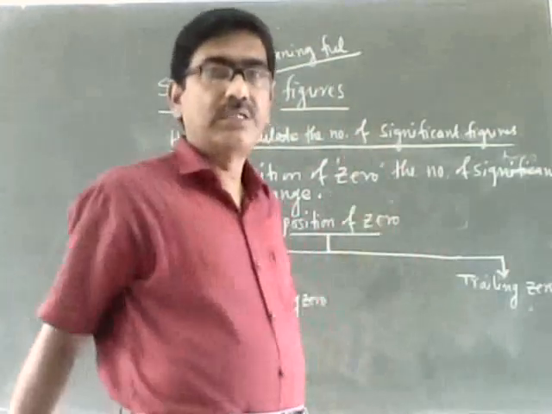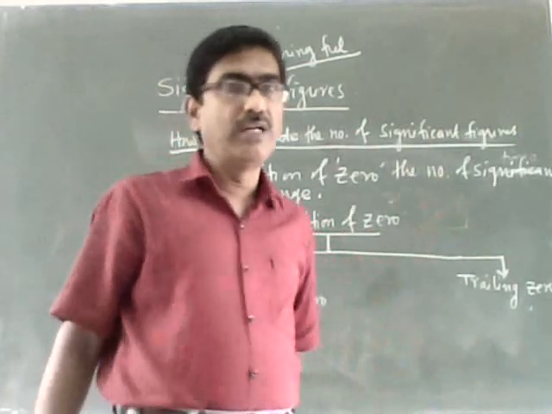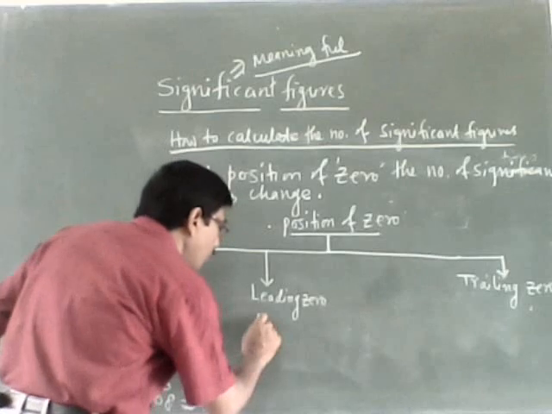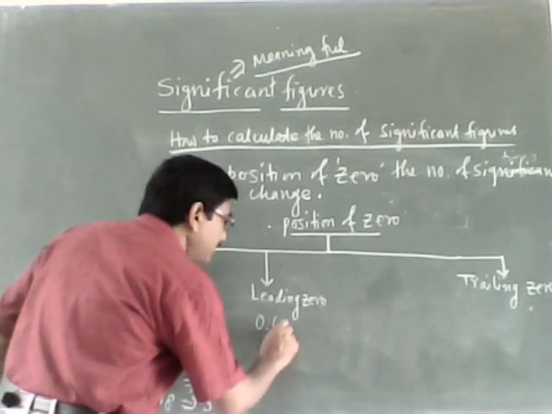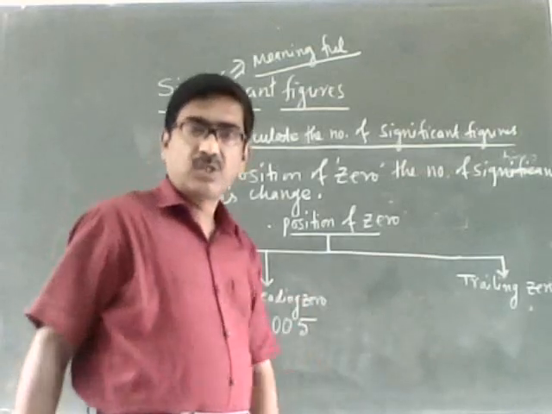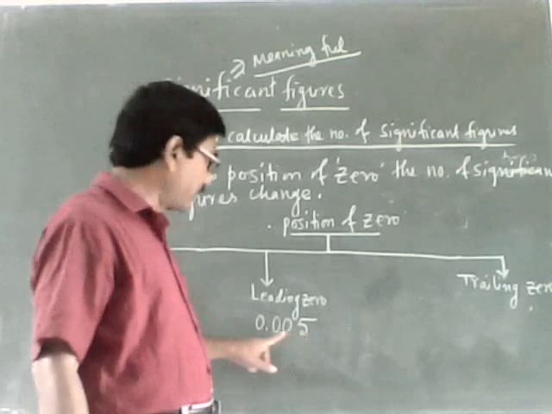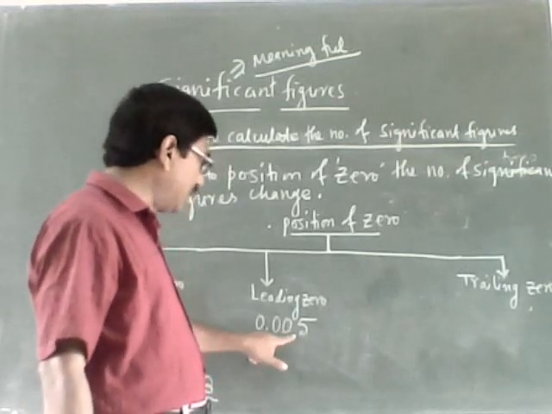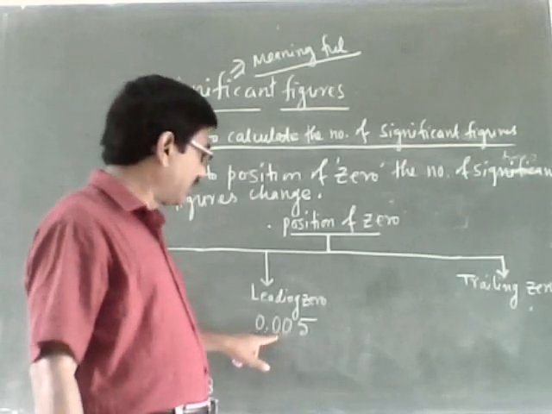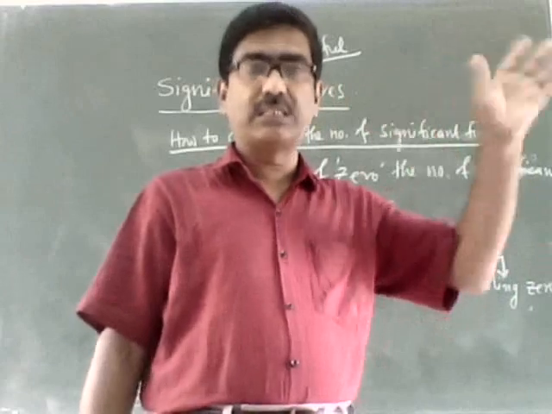Now leading zero. If a number starts with zero, then those zeros are called leading zeros. Suppose 0.005. You see this number starts with zero, so these zeros are called leading zeros. Leading zeros are not significant.